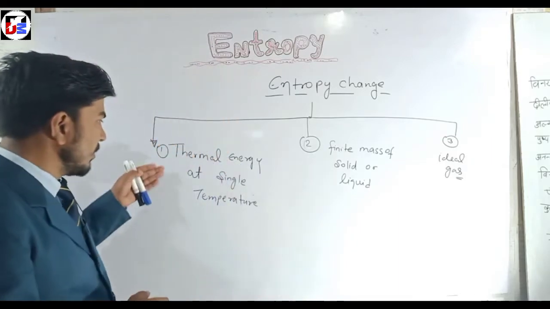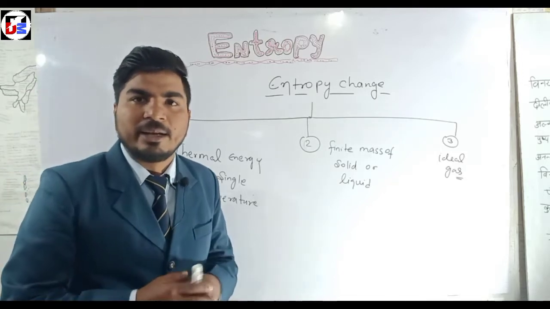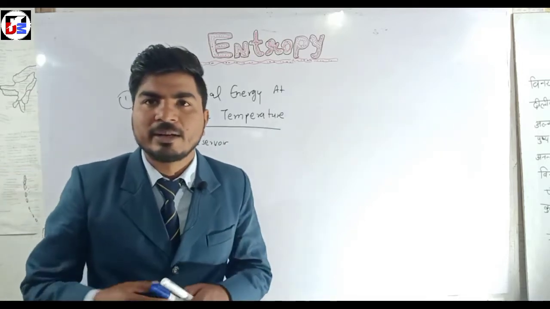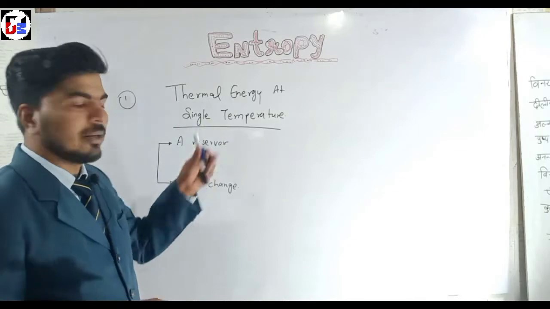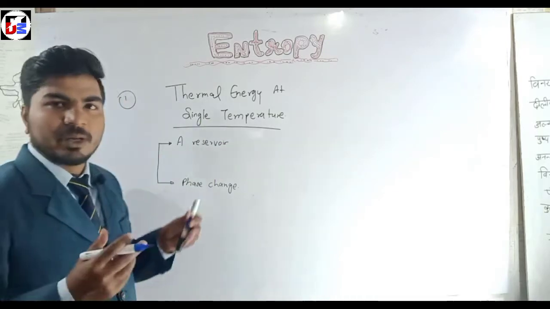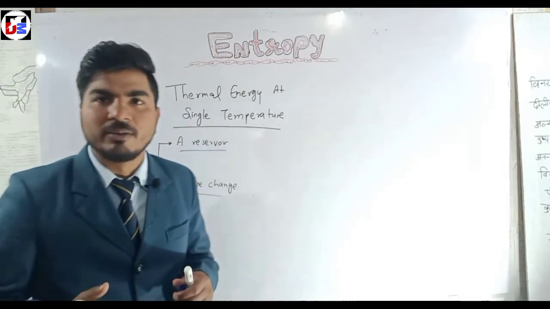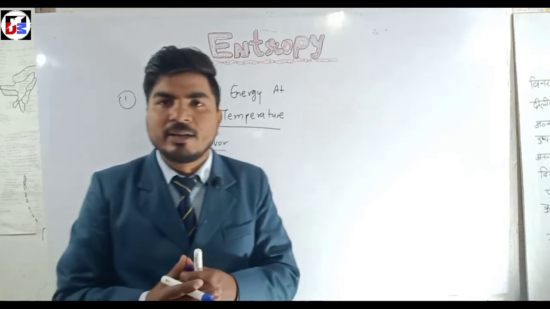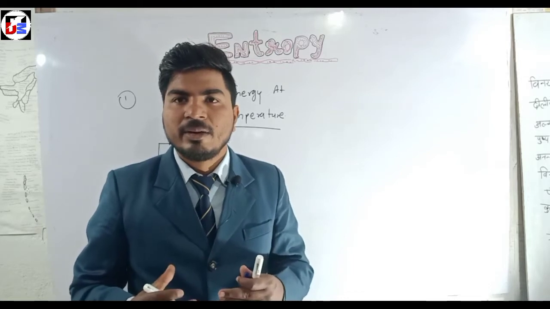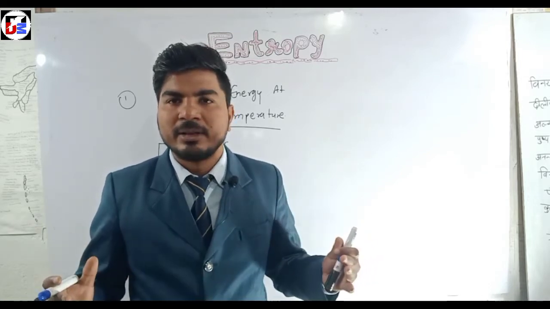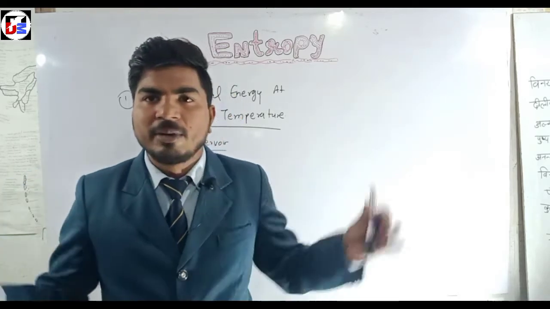Now we move to calculating the entropy change for thermal energy at a single temperature. Let's see how to calculate the change in entropy in this case. There are two cases here: a reservoir is given, or a phase change problem is given. A reservoir is something with a very large capacity, the thermal energy reservoir, holding a large amount of thermal energy.